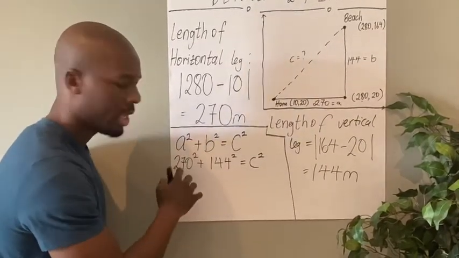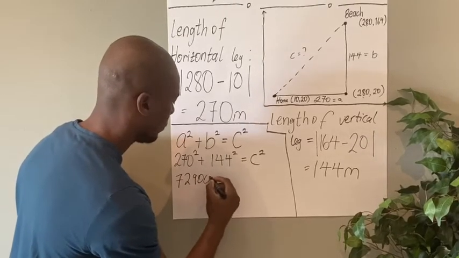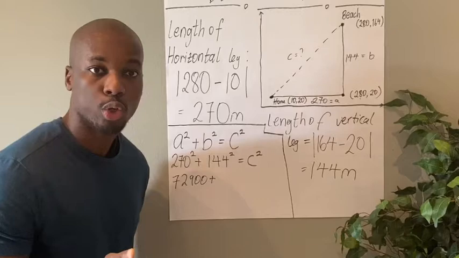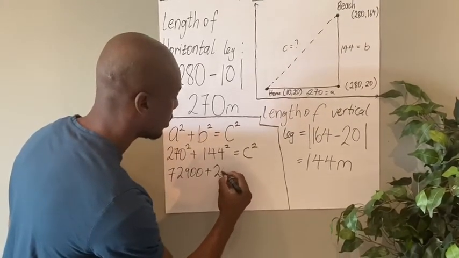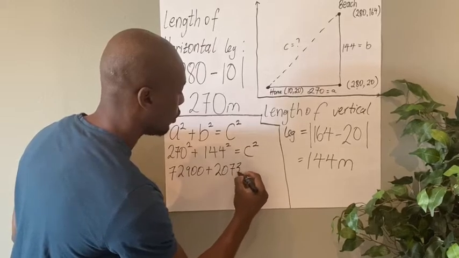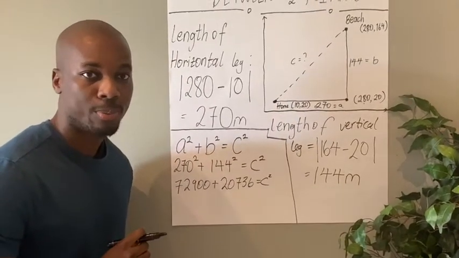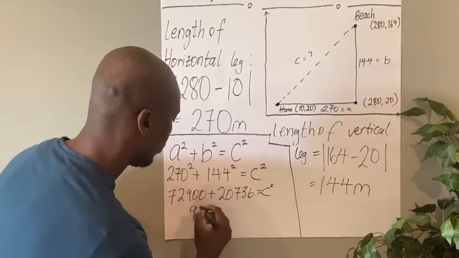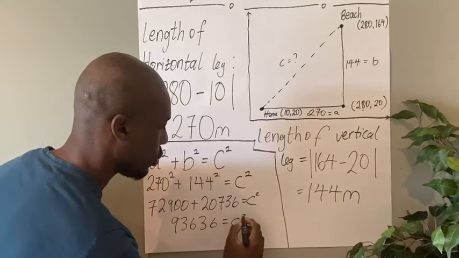This gives me 72900, and 144 squared gives me 20736. So if I add these two up, I get 93636 being equal to c squared.